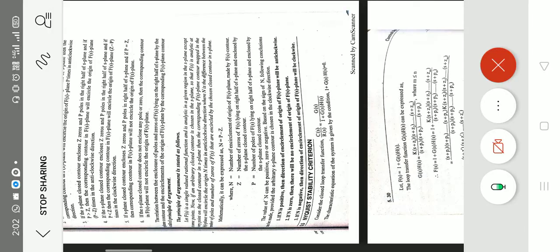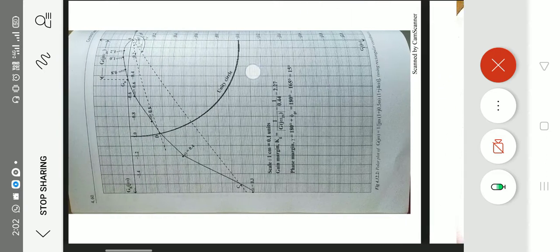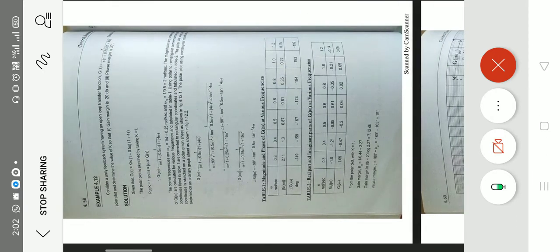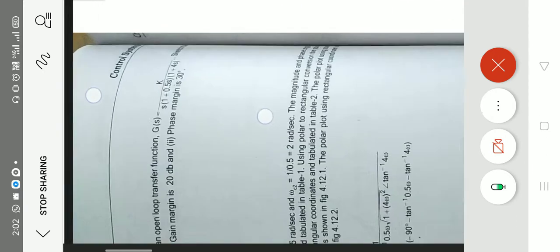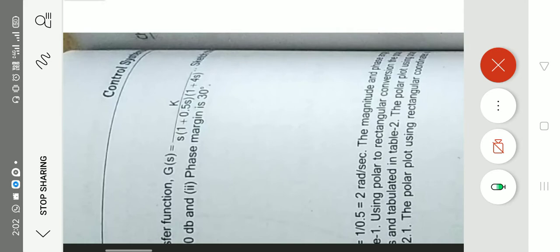Taking one problem, can anyone tell me what is the order of the system and what is the type? In this, what is the type, what is the order? This G of S, anyone tell me?